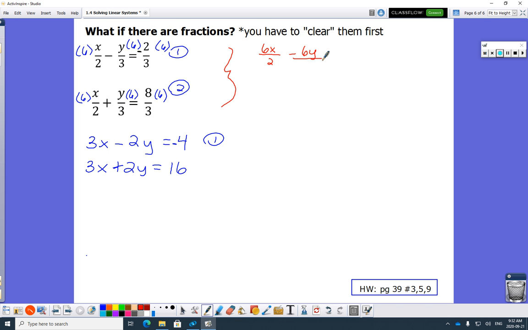Like write out this step. But you don't have to. But if that makes more sense to you, showing more work is no big deal.